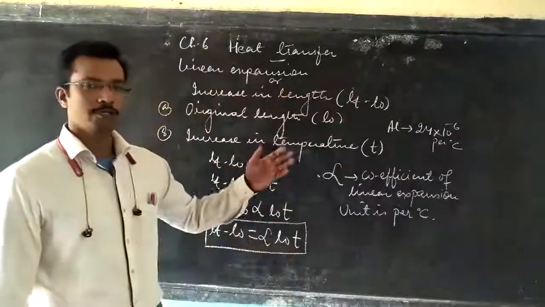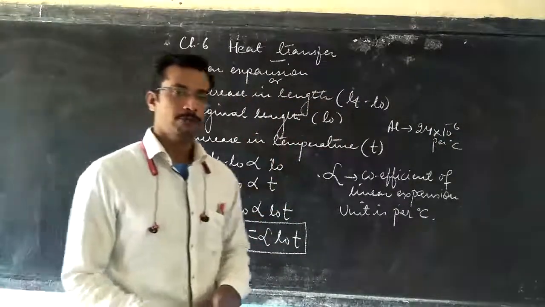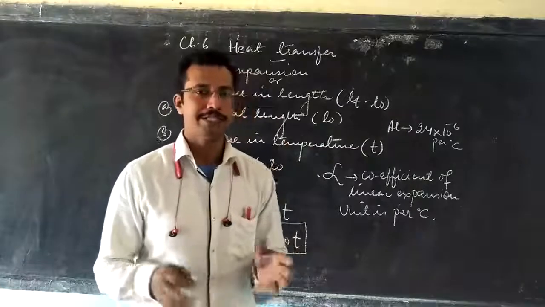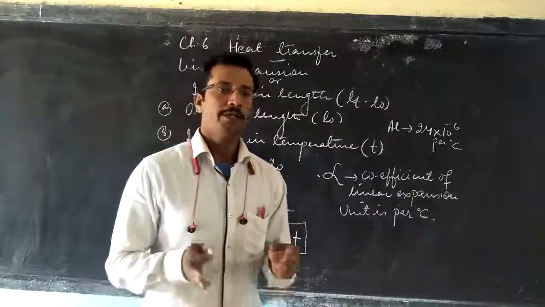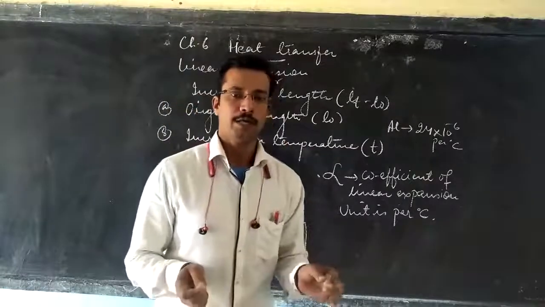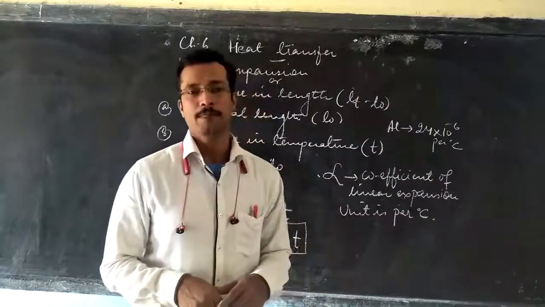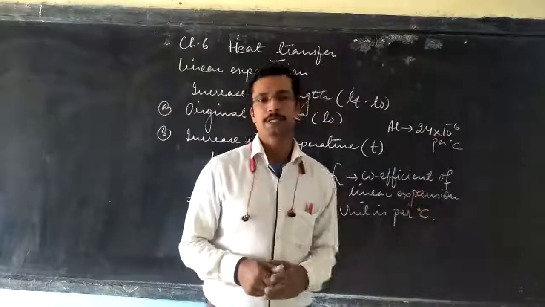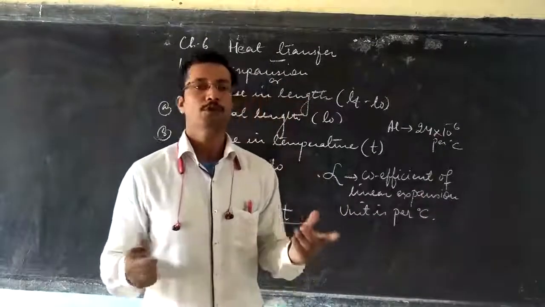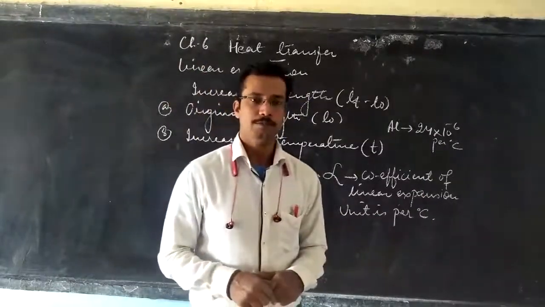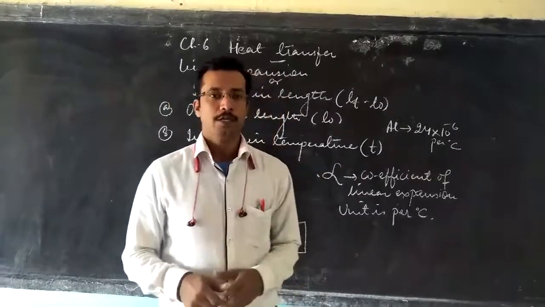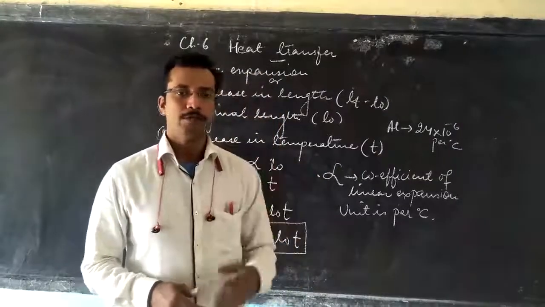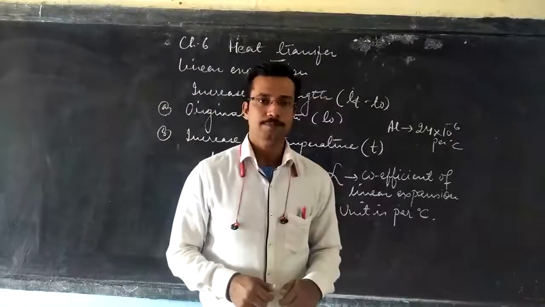So different rods or different materials will show different coefficients of linear expansion. This is the reason why, even when materials of equal length are heated equally, because the coefficient of linear expansion is different, they will show unequal expansion. So next class we will see coefficient of superficial expansion. Thank you.